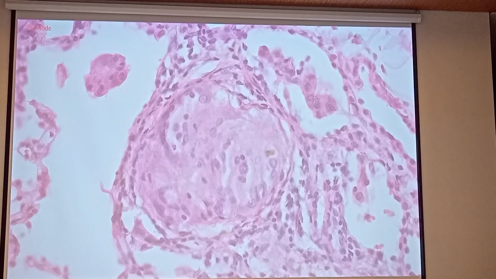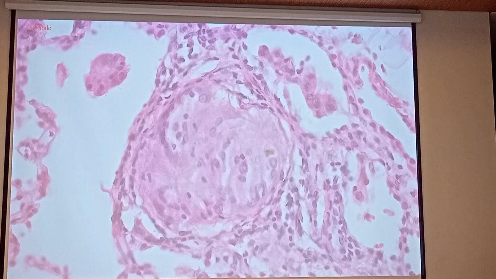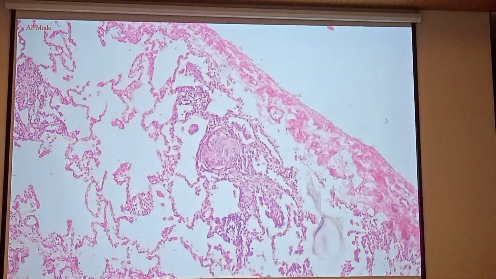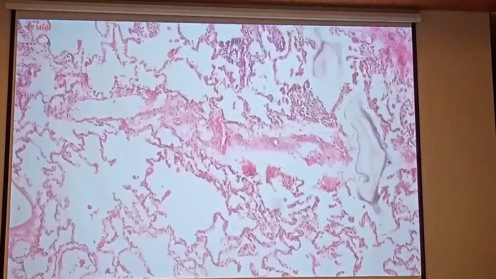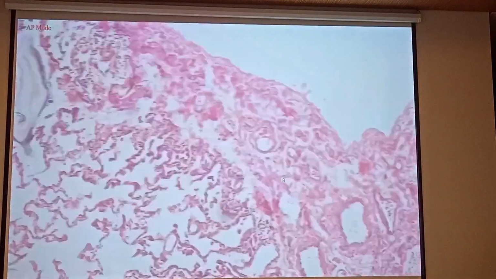Okay. So this, together with this lymphoid infiltrate around and some fibrosis, are confined within a well-circumscribed area. Okay, so that's a granuloma for you.